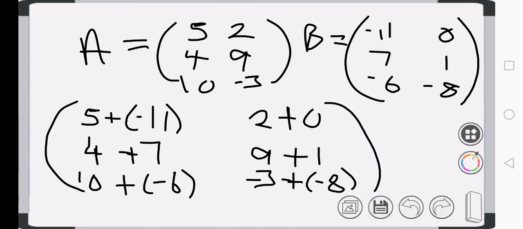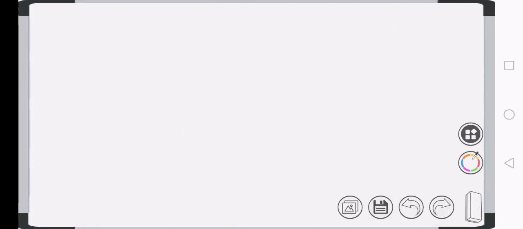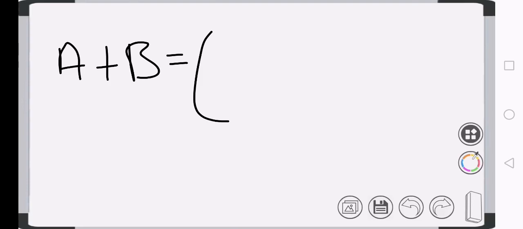Now the addition is simple. As you can see, our final matrix A plus B is equal to -5 plus -11 will give us -6. 4 plus 7 will give us 11.